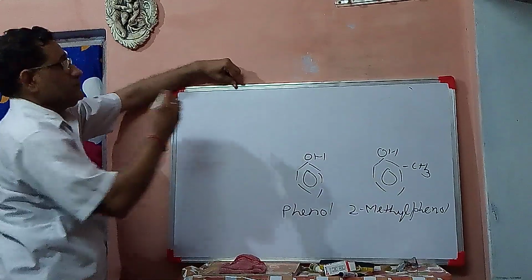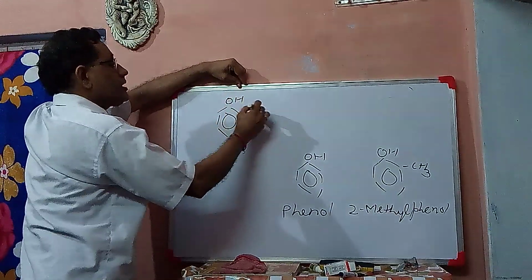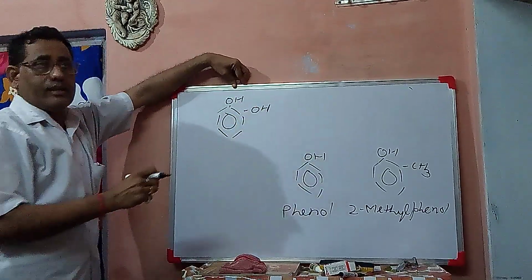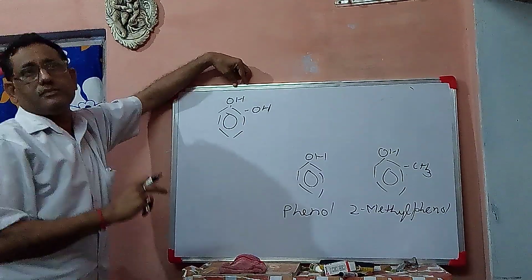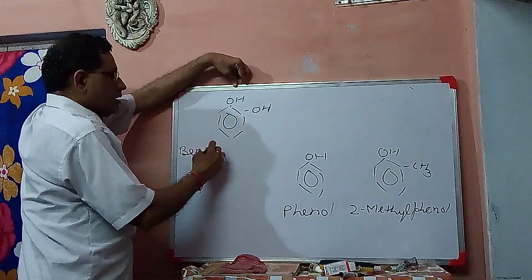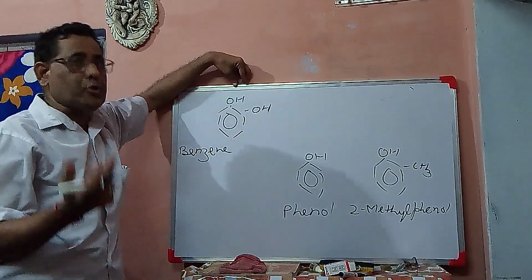Now for my next, like this is OH. You can say it is a hydroxyphenol. Another name, ring को क्या कहते हैं? Benzene. Benzene is the accepted IUPAC name.